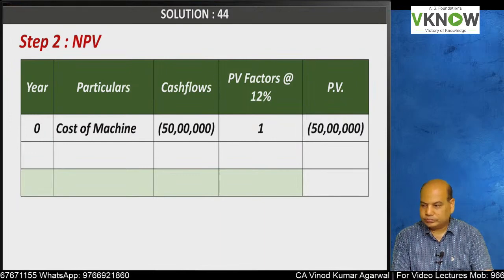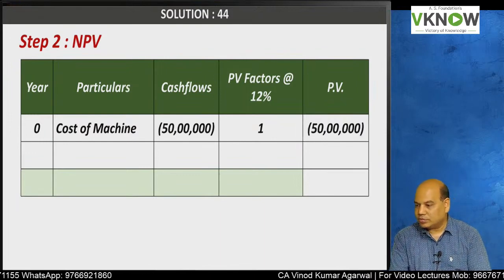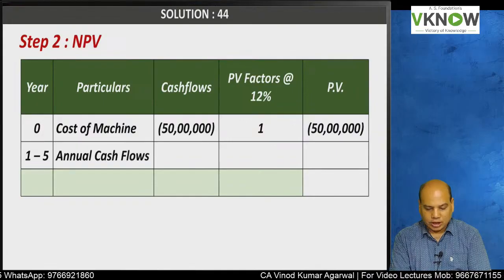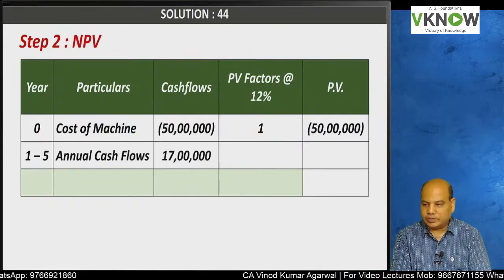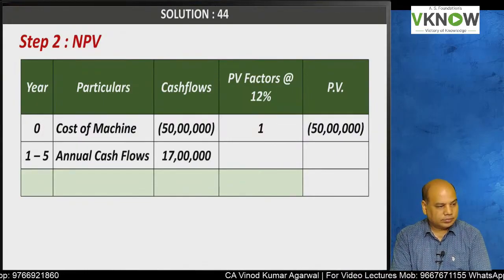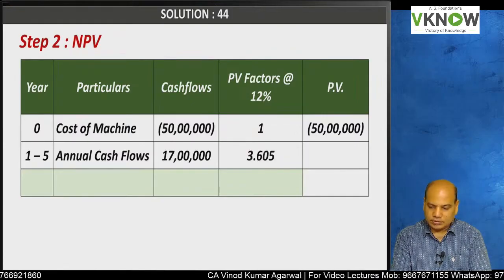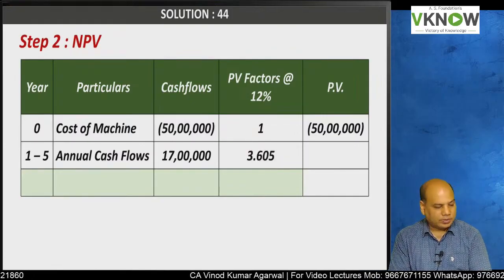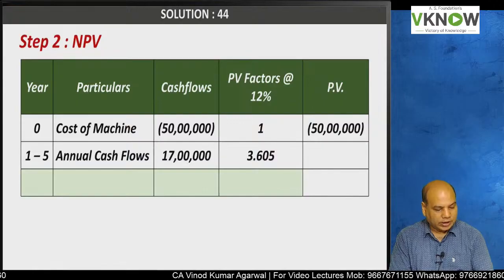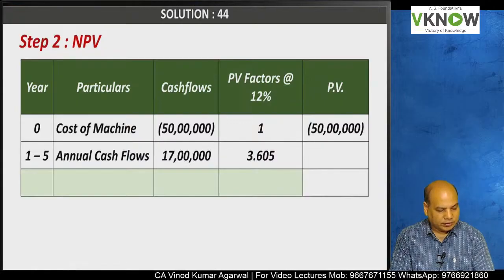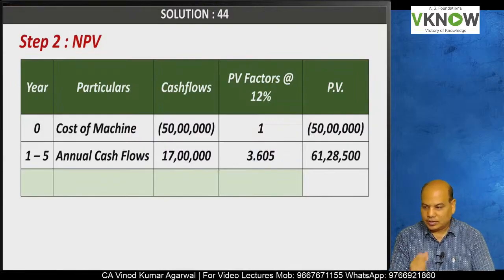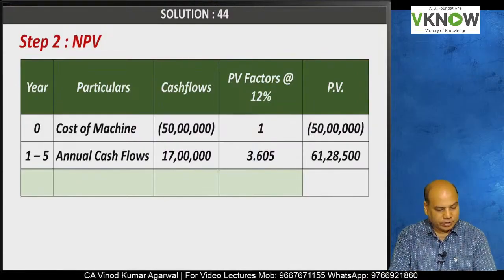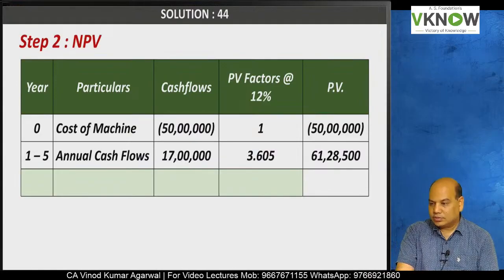Cash flow 50 lakh cost of machine, annual cash inflow 17 lakh. Write the factors at 12%, that is 3.605. Multiply, please. 61,28,500.